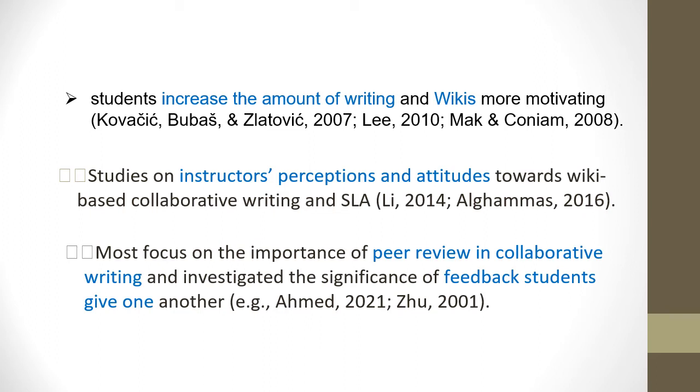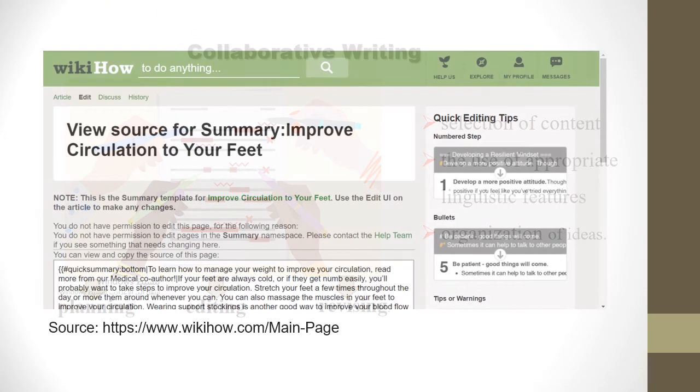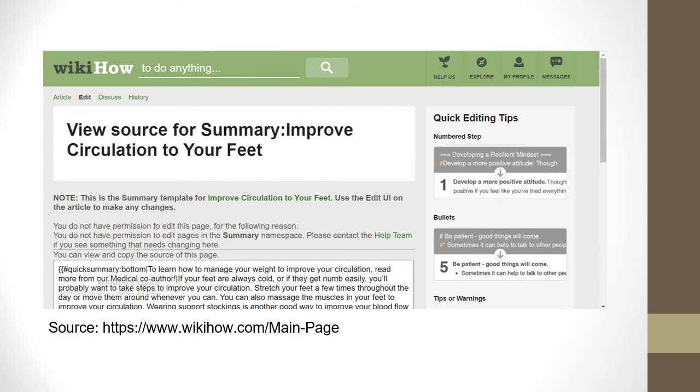There was also a focus on peer review in collaborative writing, and studies investigated the significance of feedback that the students give one another through wikis as a web-based application, to plan, to edit, and revise. So it is an environment in which they can edit, discuss, and they also have many different facilities that promote interaction.